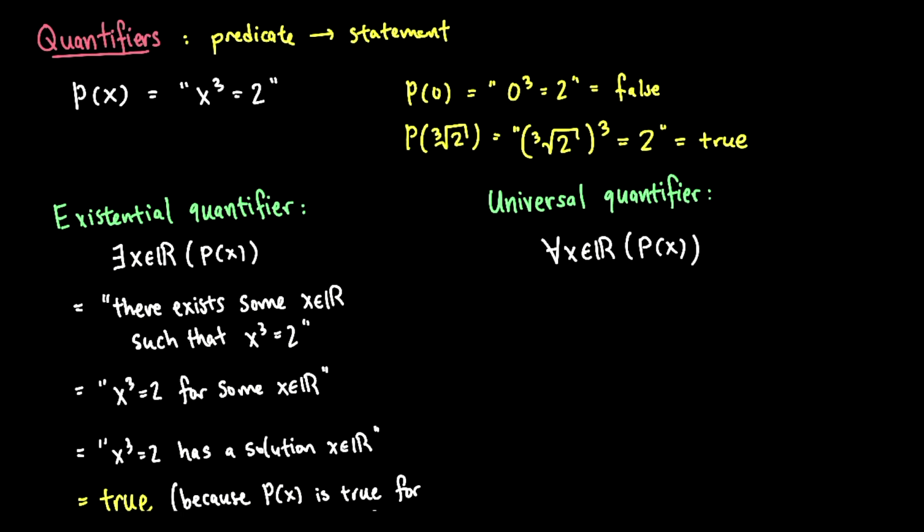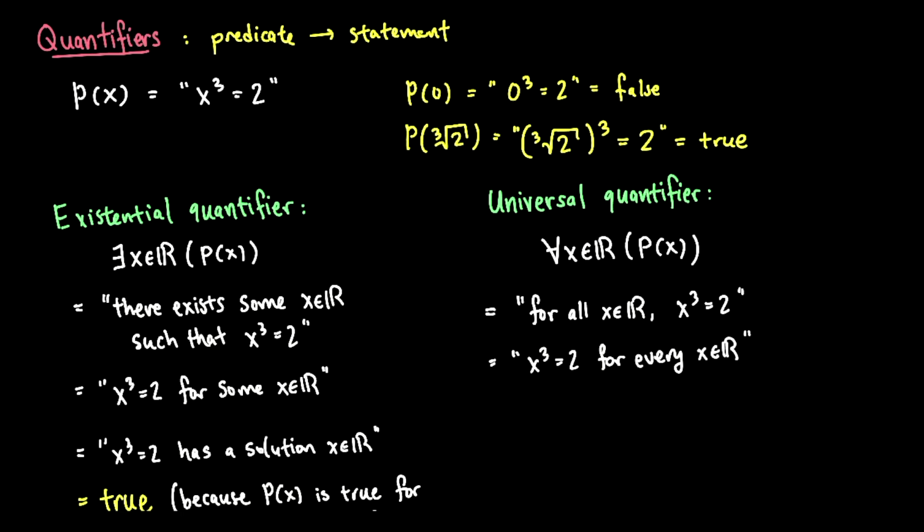That upside down a stands for all. So this statement is read as for all x, real number, p of x is true, so x cubed is 2. Or you could say x cubed equals 2 for every real number x. Multiple ways to read this sentence. For all is okay, and so is for every.